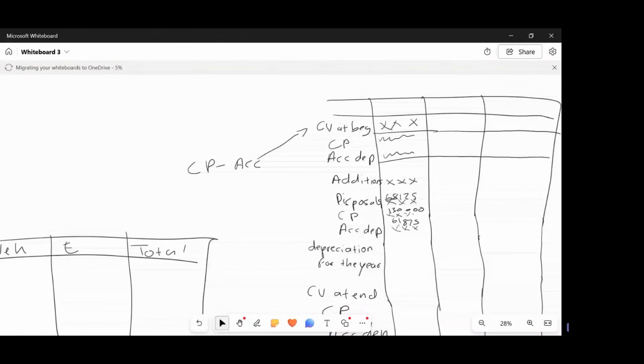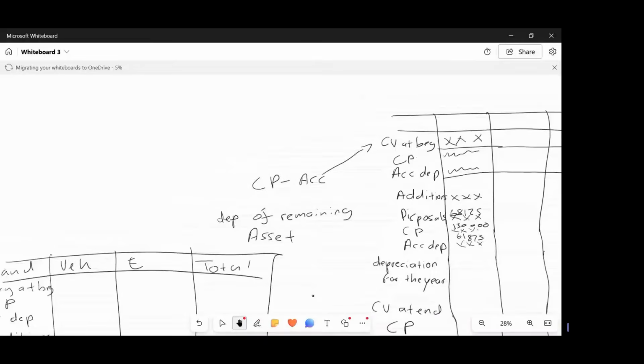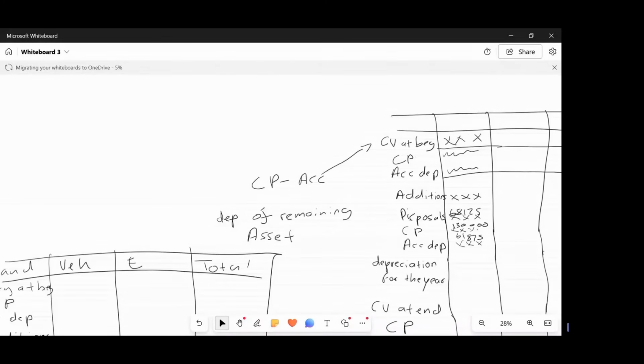For the remaining assets, because obviously once we sold an asset, let's say the vehicle, and we said we had 500,000 worth of vehicles, we can no longer calculate this whole amount at 10% in one calculation and find the accumulated depreciation. Why? Because either a new asset was bought, or an old asset was sold.